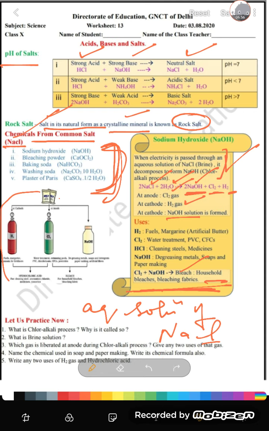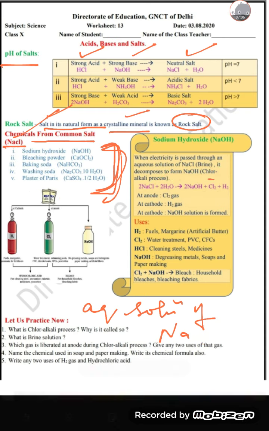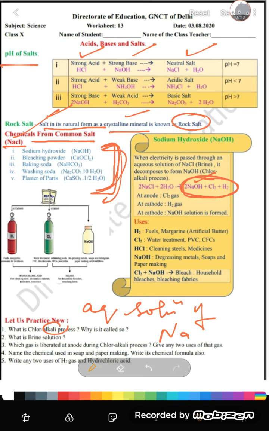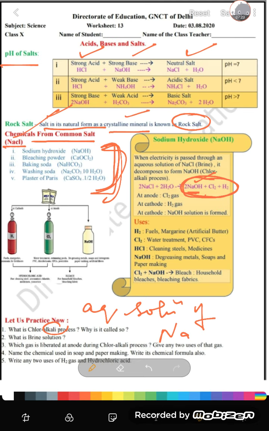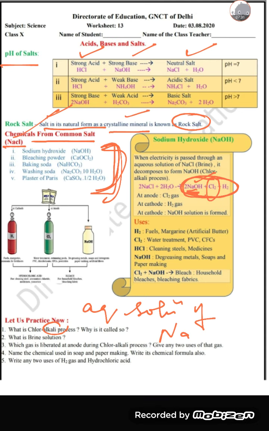And next, why is it called so? It is called so because of the products formed, right? NaOH, the alkali. I told you the bases which are soluble in water are called alkali. So NaOH is a strong alkali, an example of a strong base, right? So NaOH and Cl2.